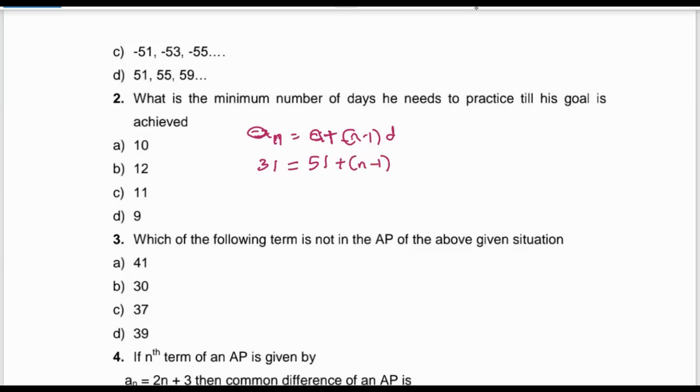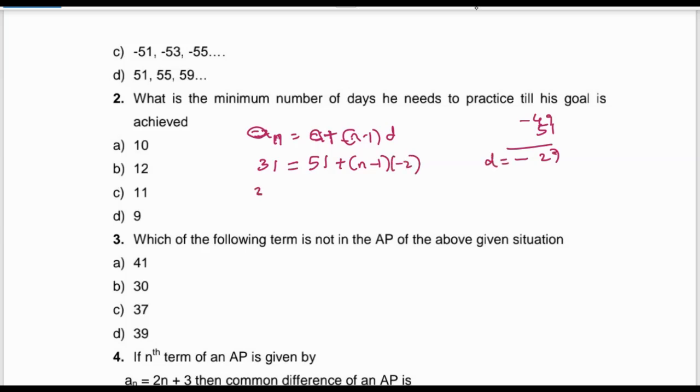D is 49 minus 51, that will be minus 2. So D will be minus 2.